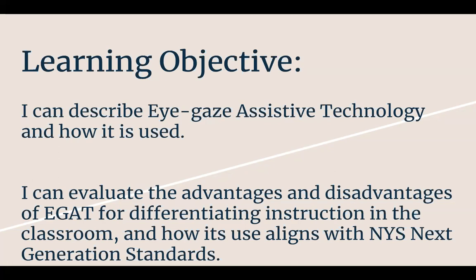So we're going to go into what an eye gaze device is, its function, how it can be used to broaden the horizons and opportunities for students, both in the classroom and their lives, its advantages and disadvantages, how we can differentiate instruction for the students using the device, and how an eye gaze device might even offer more opportunities for an entire classroom under a universal design for learning model.